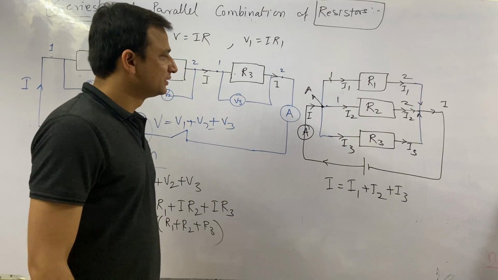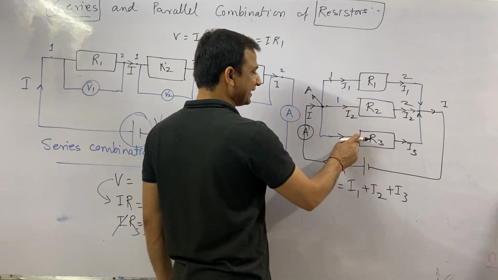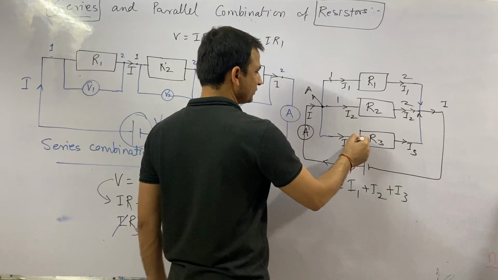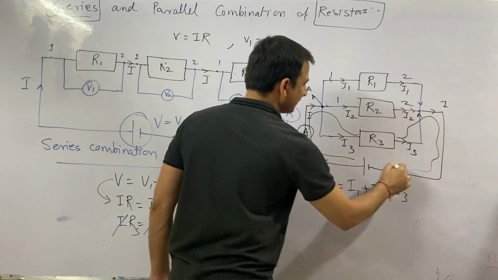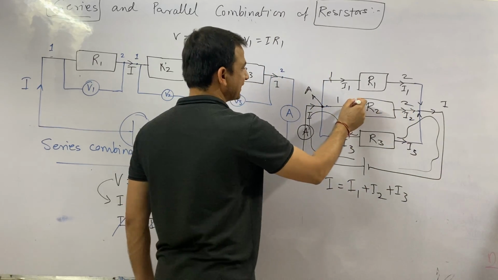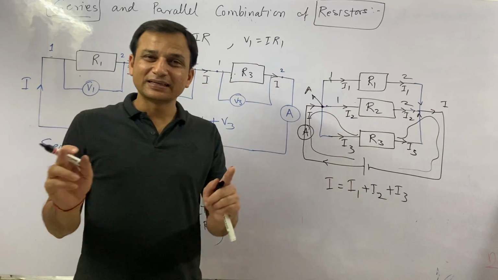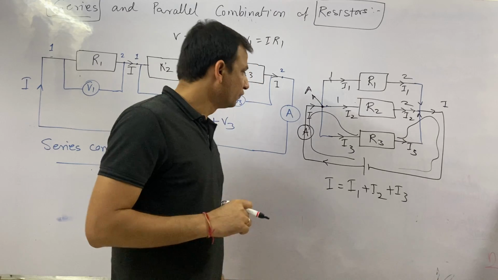Now, second thing, all the ends of these resistors, if you see carefully, are directly connected with the power supply. Though they may be taking a long route, they are directly connected with the power supply. So they all will get the same voltage.